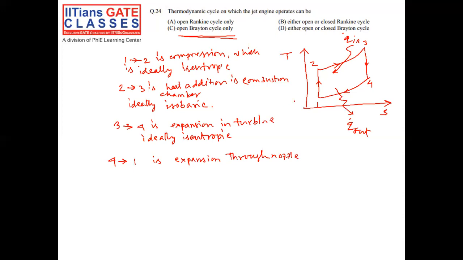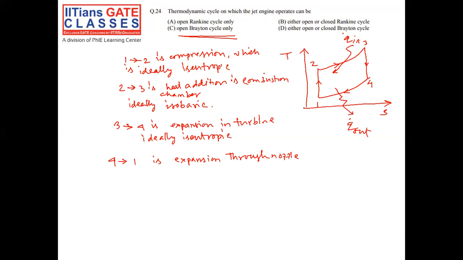Okay, so this is the TS diagram of an ideal jet engine, I mean, ideal process. But in reality, this compression in 1 to 2 or expansion in 3 to 4 will not take place in isentropic condition.